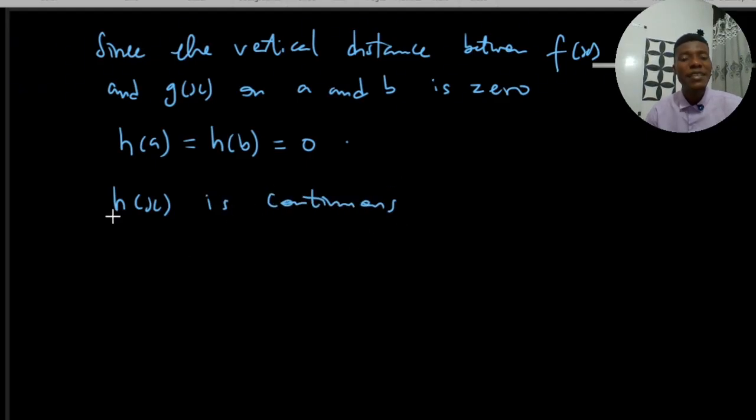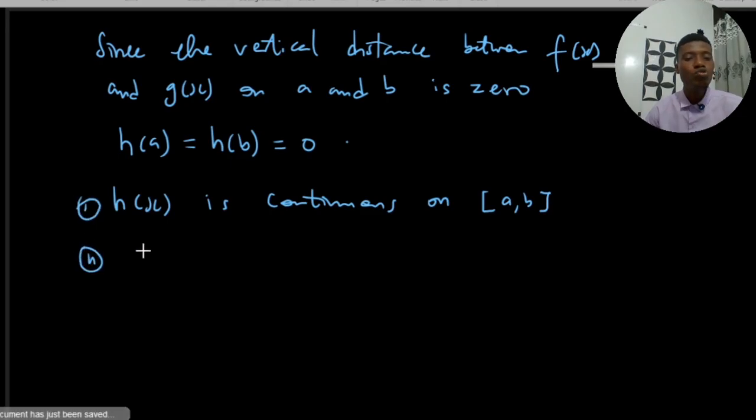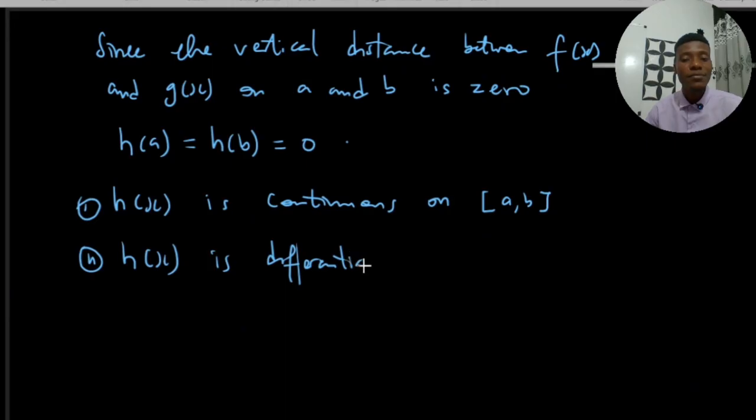So it is safe to say that h of x is continuous on a closed interval AB. That's one. Two, it is also safe to say that h of x is differentiable. It's a straight line on the interval a comma b, a closed interval.